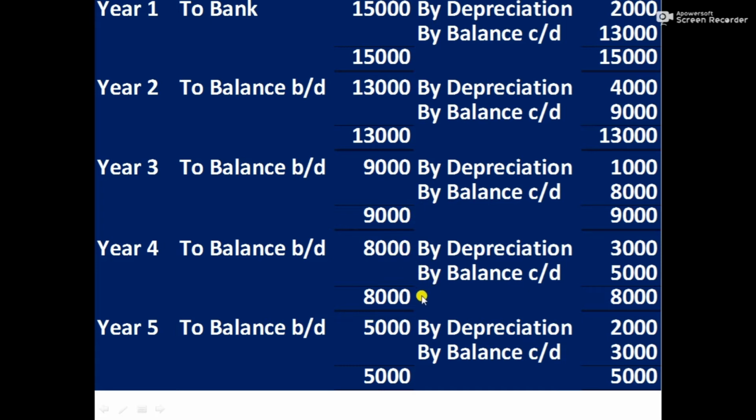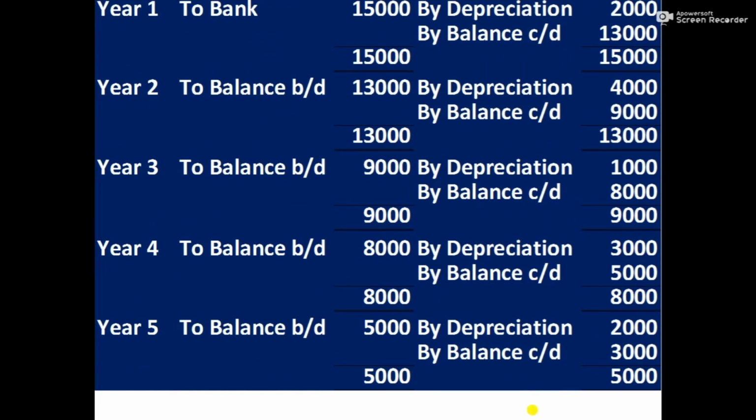Like that you computed the balance for third year, fourth year, fifth year. The balance will be equal to 3,000 after 5 years of depreciation. After 5 years of computing the depreciation, in the machinery account the balance is 3,000.